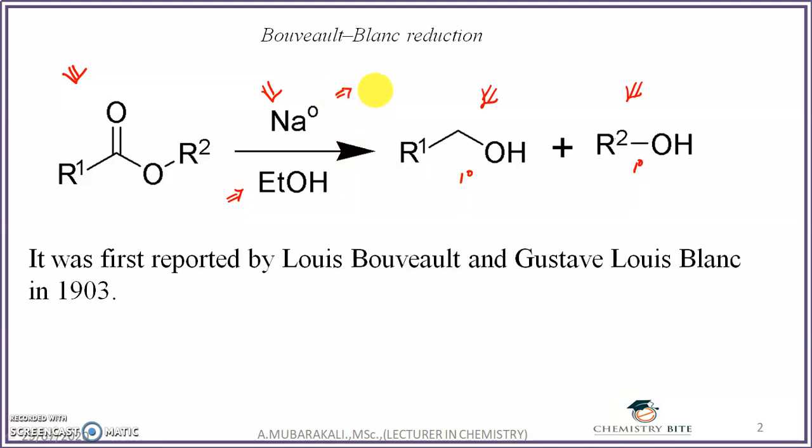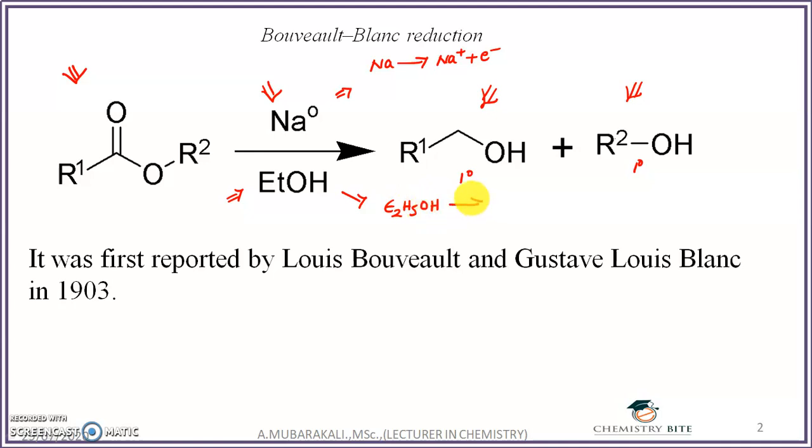So what is the role of sodium here? Sodium is a 1 electron donor, so it is a 1 electron reducing agent. Sodium will donate 1 electron and it will convert into the Na plus ion, sodium ion. Okay, so what is the role of ethyl alcohol here? Ethyl alcohol serves as the proton source. Ethyl alcohol, Et means nothing but C2H5OH.